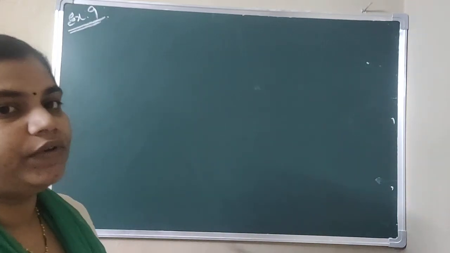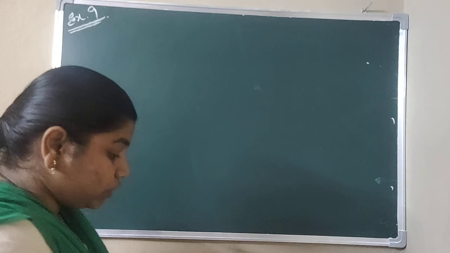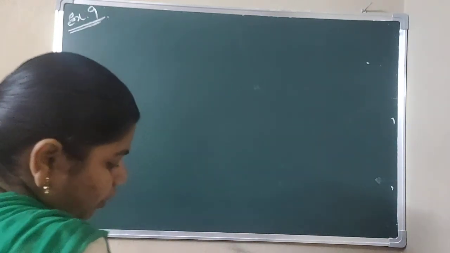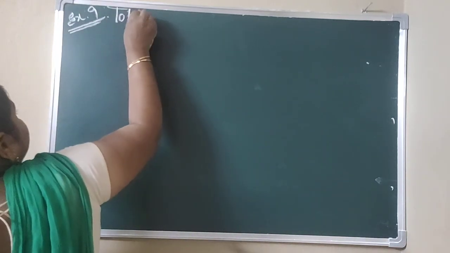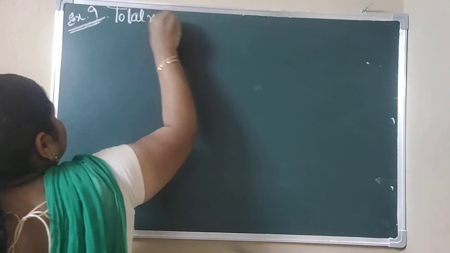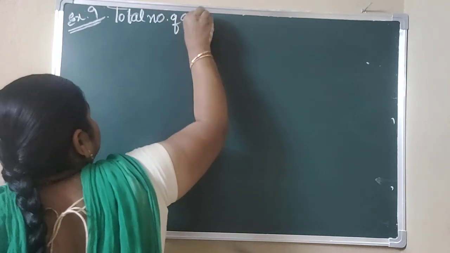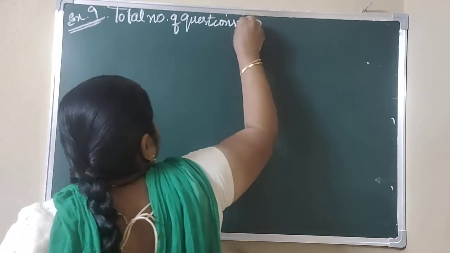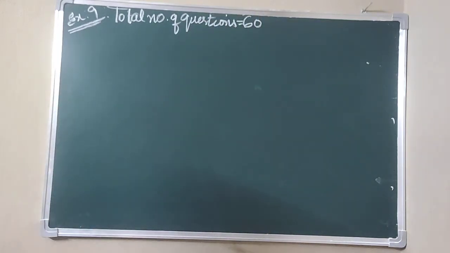And what is the total score of Sahana? That is 60 marks. So here what is the total number of questions? The total number of questions is 90. In that, 2 marks are given for a correct answer and 1 mark they are deducting for a wrong answer.